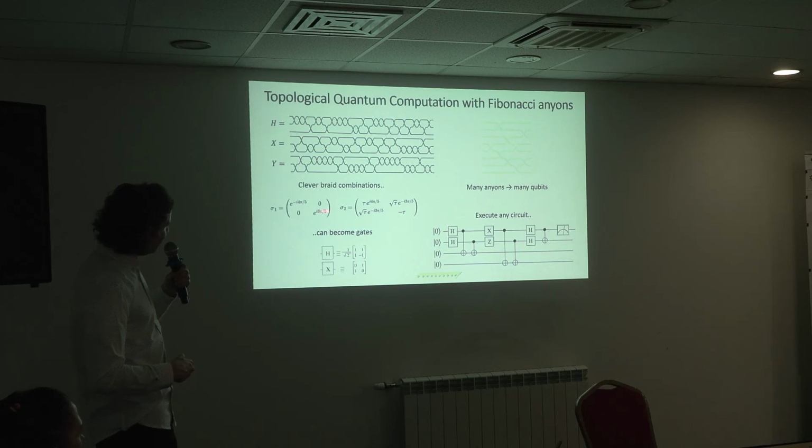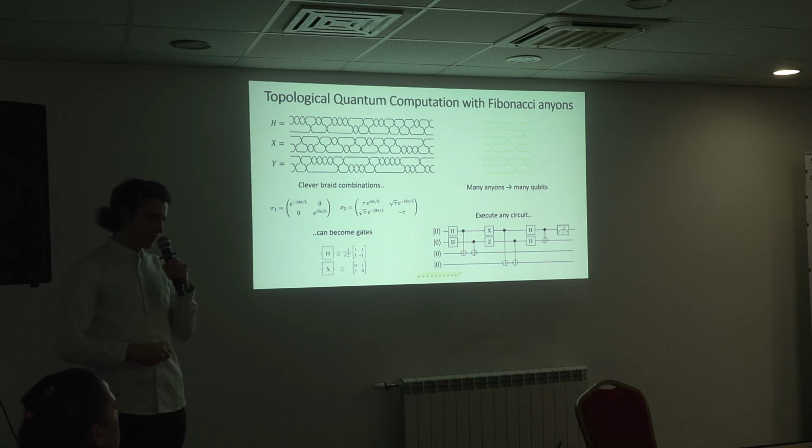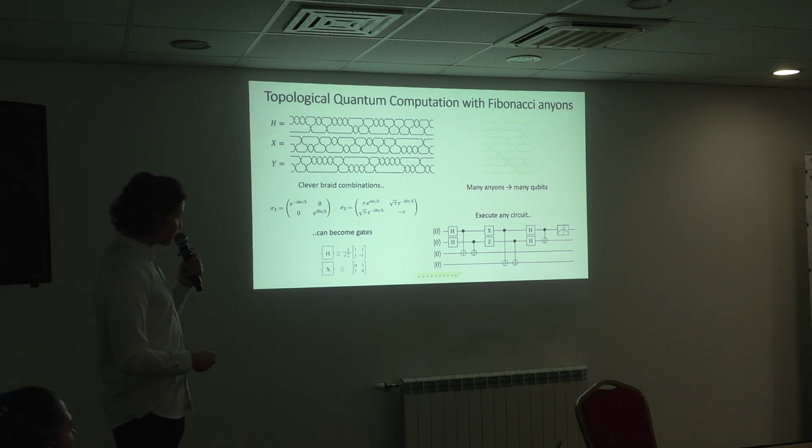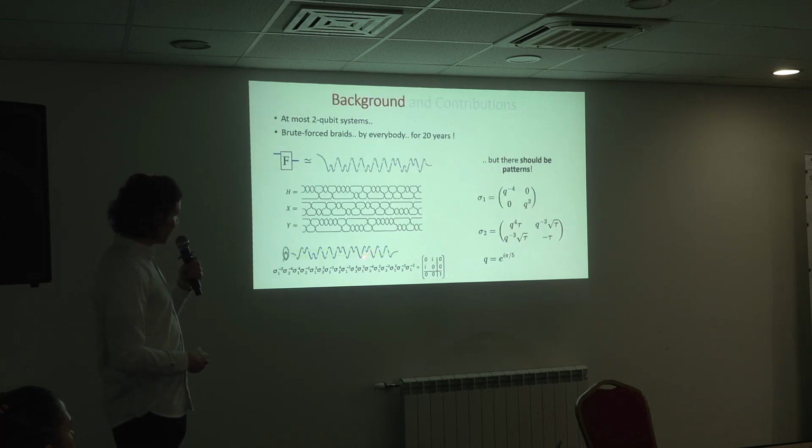And basically these operators combined will give you these gates. And these gates are actually what we had just a second ago, which is a quantum computer. Now, that's pretty much what topological quantum computation is with Fibonacci anyons.